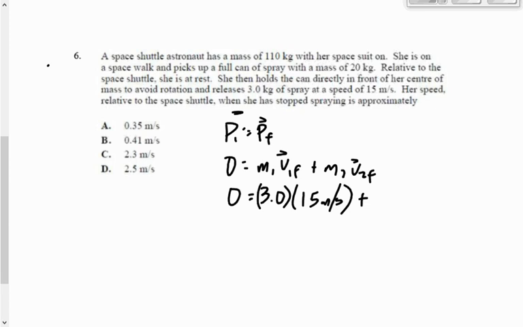Yeah, 127. It's her and what's left of the can of spray, right? So 45, take that over to this side. 45 divided by 127 gives me 0.35.